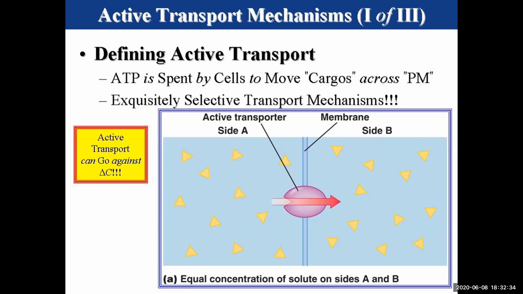But under active transport, since it is not driven by concentration gradient, active transport mechanisms are driven by cellular energy, ATP. They can move a solute against the solute's concentration gradient, meaning they can transport that solute from a low concentration into a high concentration, right? So that's what I meant here when I say it can go against concentration gradient.